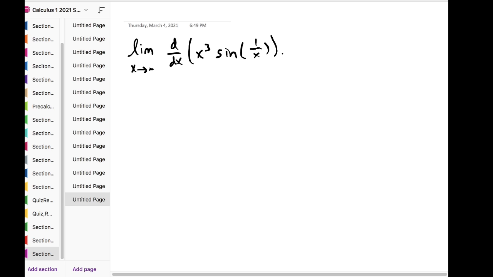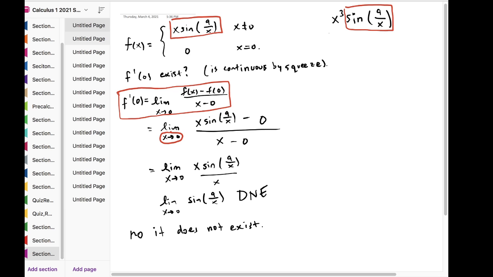And again, please stop me if something's not clear. Okay, so how do we take this derivative? So now we've developed the chain rule, we don't need to do what we did in the beginning, right? Well, this one was a little special, but we can actually use the chain rule now to find this derivative.